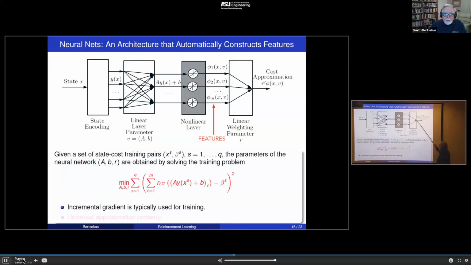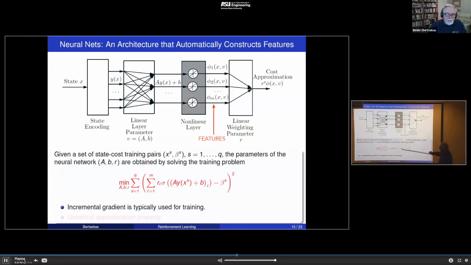They involve the output of the neural network, and I've written it explicitly. This is the output of the linear layer, and this is the output of the nonlinear layer. And it's weighted with the parameters R. So this is the structure that you see here. I've just written it in this complicated algebraic form. And we compare this with the beta, and we minimize the sum of squared errors.